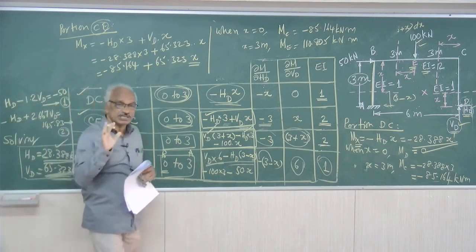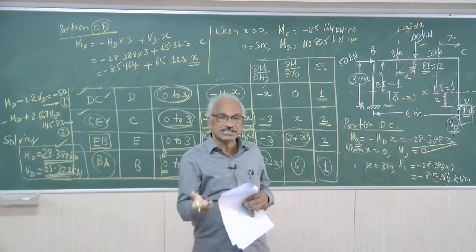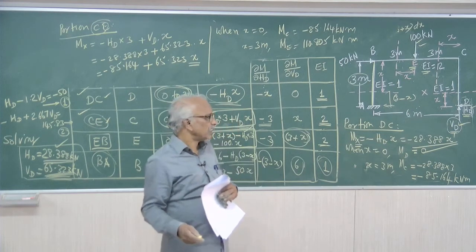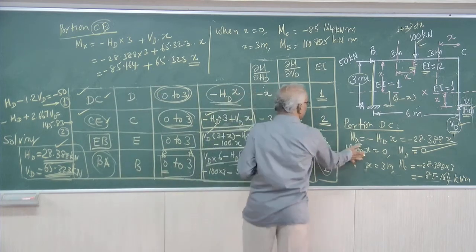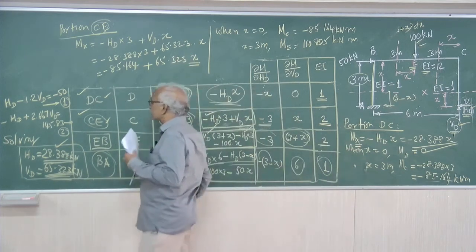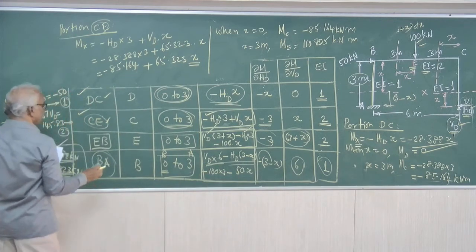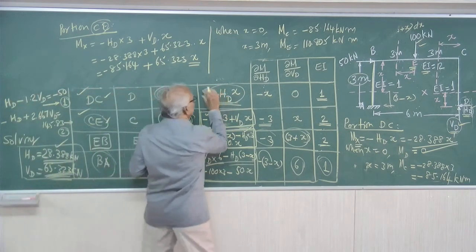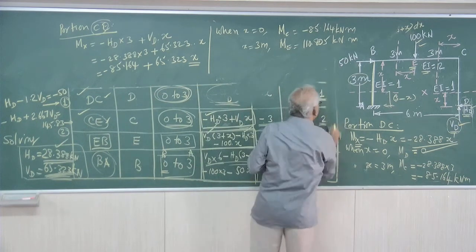Simplify the equation in terms of x. The power of x will give the variation of the bending moment diagram, and do the substitution like this. Therefore, instead of doing all the calculations, I will stop here and just give the final values. Now, the use of this table is over. We can just rub off the table.